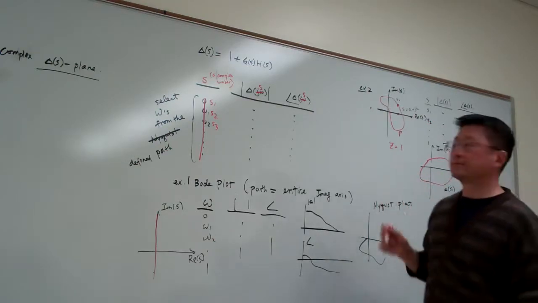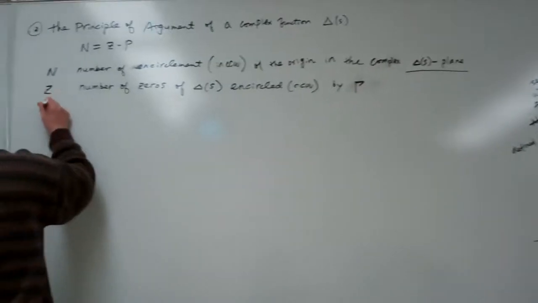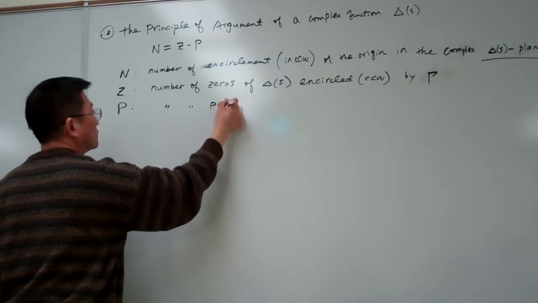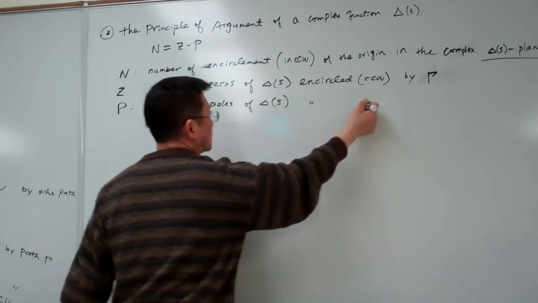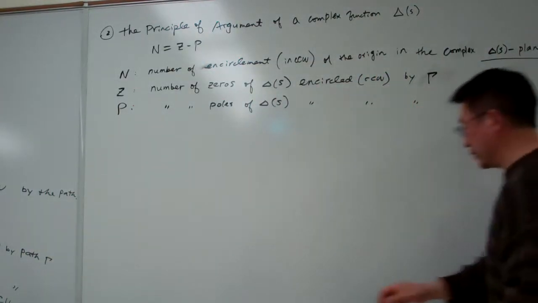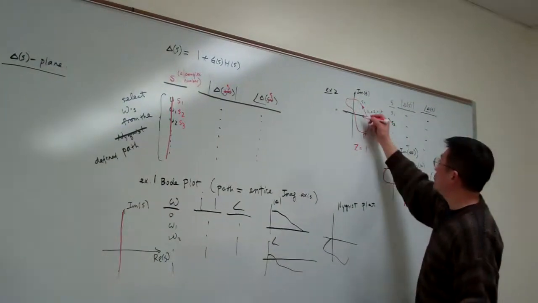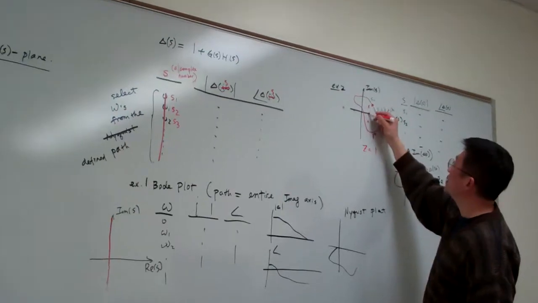Okay. What is P? P is the number of the poles of delta S encircled by the path. Okay, so say the example is like this. Say, let me make a 1. So here we have, say, 2 poles, complex conjugate, and how about this?